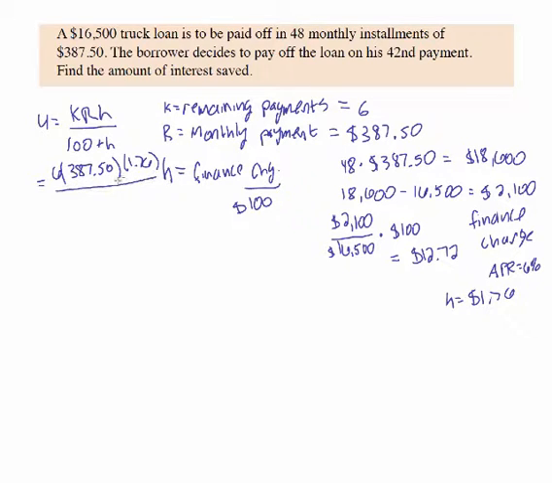We divide that by 100 plus H, which is going to be 101.76. And do some calculating. Multiplication upstairs, divide by 101.76. And what pops out to the nearest cent is $40.21. Finally, an answer. That's the unearned interest, so that's the amount of money the borrower would save if he decides to pay the loan off on the 42nd payment.